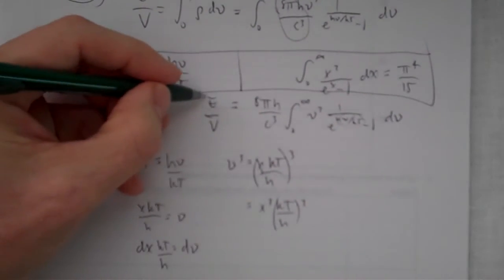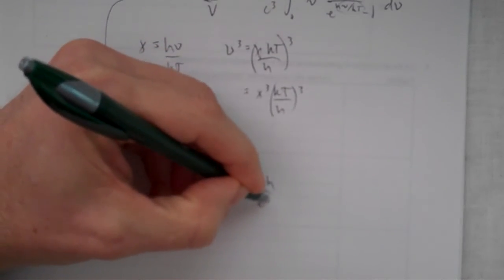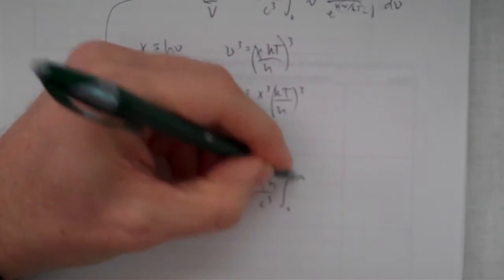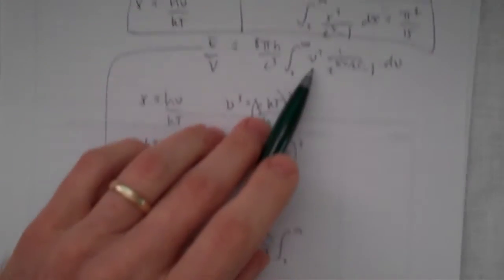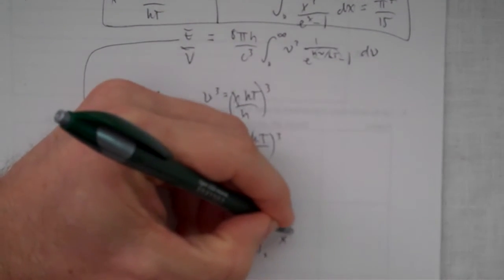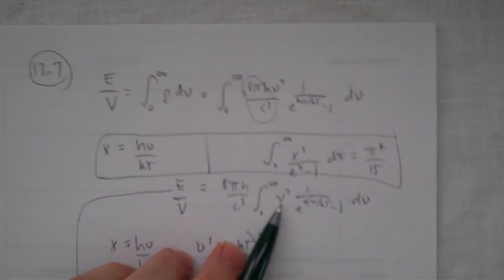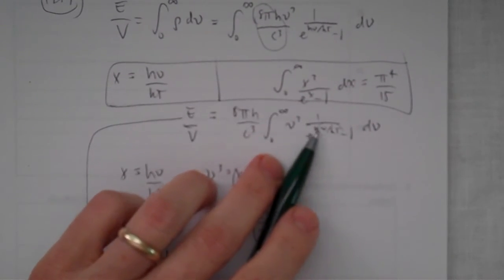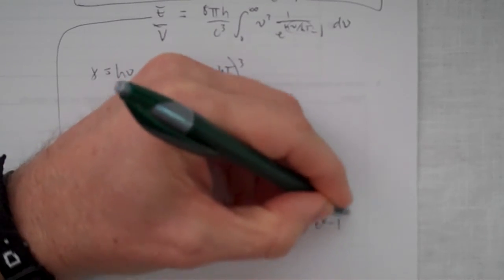All right, now that I've got that, I'm going to bring this down here and say this is equal to 8 pi h over c cubed. Nu cubed is x cubed times kT over h cubed. I've replaced my nu cubed, and now I'm going to replace the exponent with x, because that's what x was: 1 over e to the x minus 1.